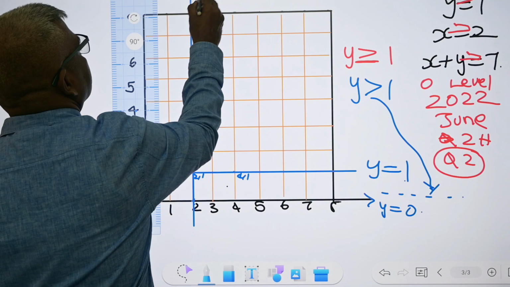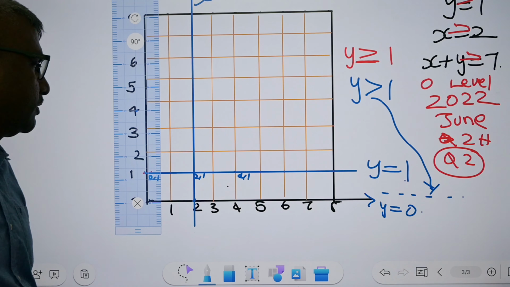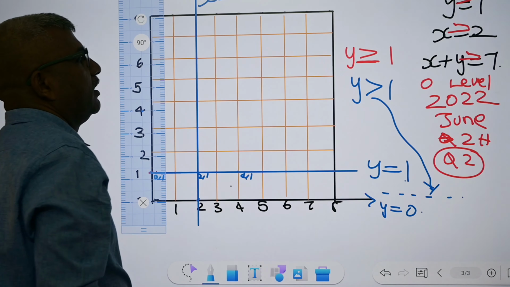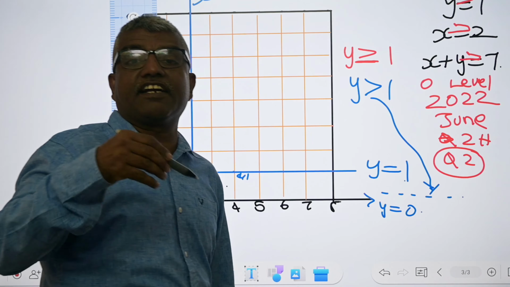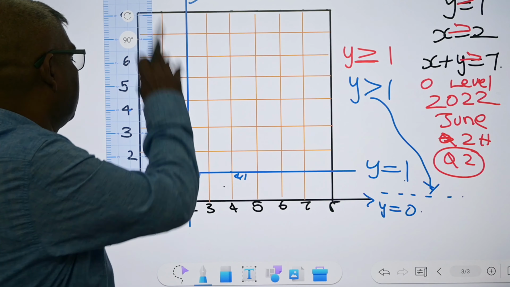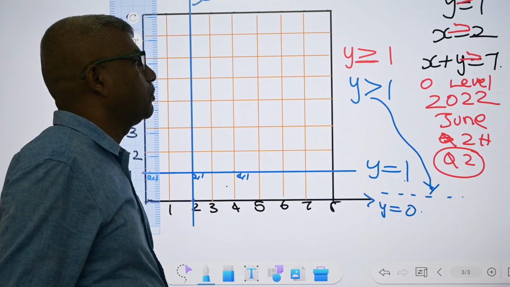This is x is equal to 2, and this is y equal to 1. Write x is equal to 2. And they have given x is greater than or equal to 2, so you have to draw a solid line.